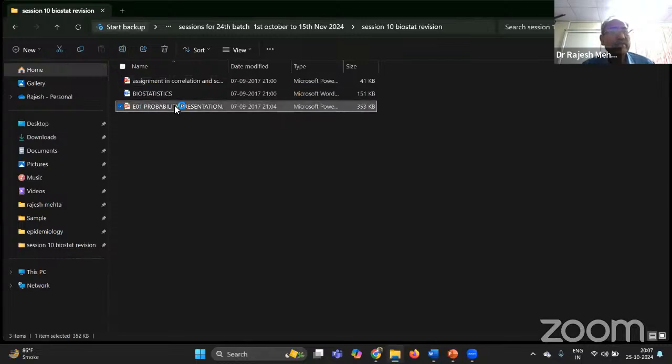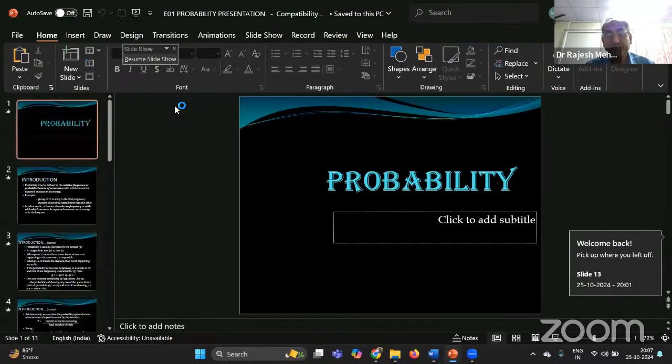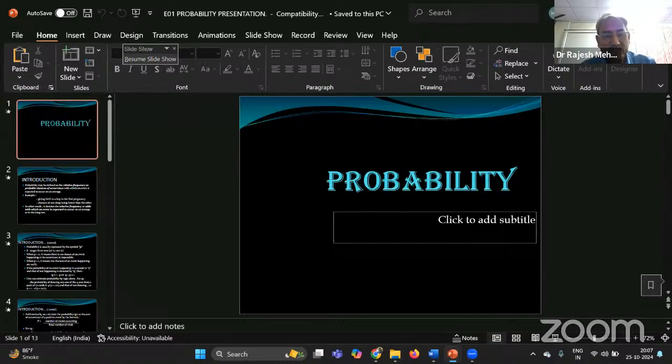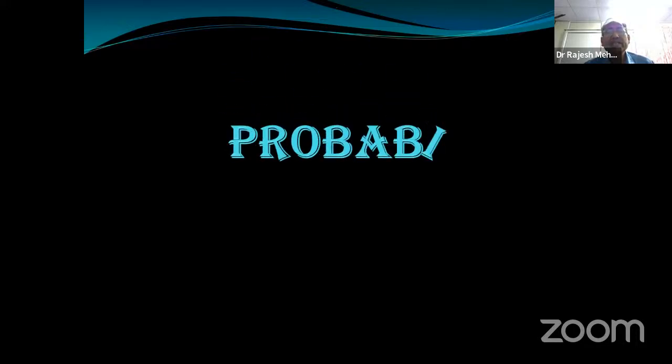probability. When we talk about the p-value, it is nothing but the probability of an event occurring by chance. And when we talk about an event occurring by chance, at that time we need to understand probability. If I say the probability of rain today is 20%, that means the probability of not raining is 80%.